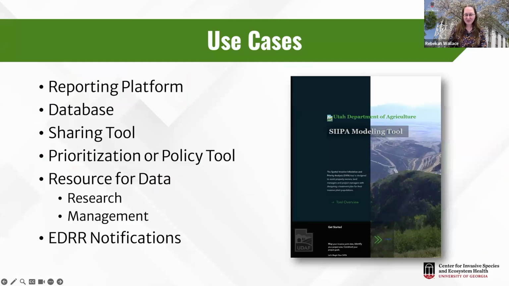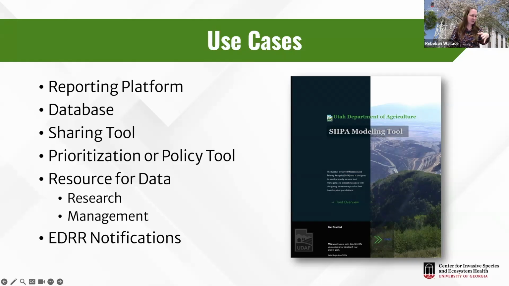Some use cases. So some of the groups on the slide before, they're using EDDMapS in very different ways. In some cases, we're a reporting platform, so they don't have to reinvent the wheel and build a whole new reporting platform to report invasive and pest species. In some cases, we are the database for that program. So we are the source of their data that exists, and as they need it, they can query data back out, and that way they don't have to maintain their own database.